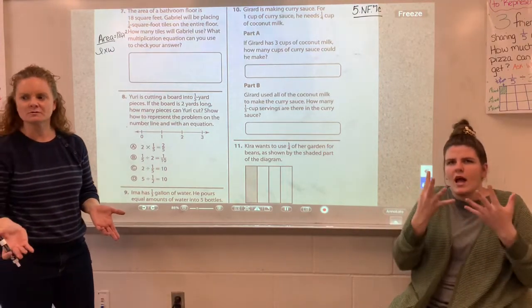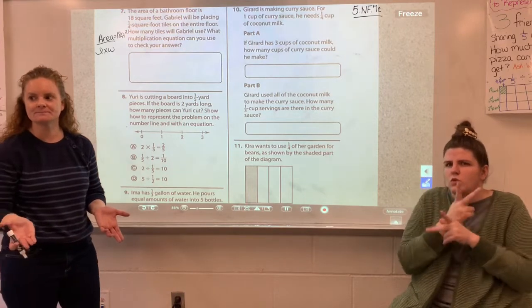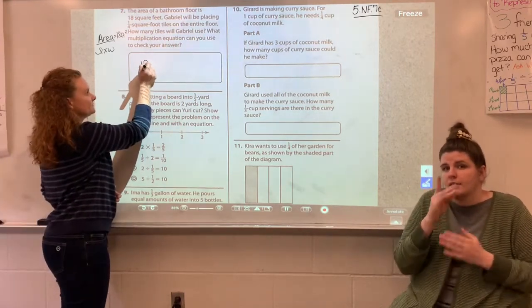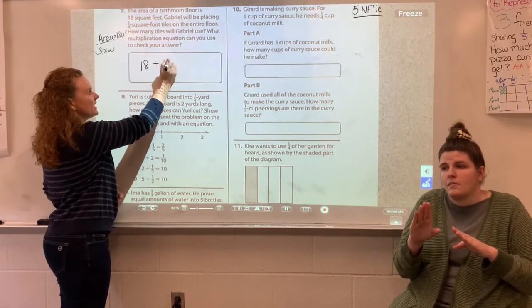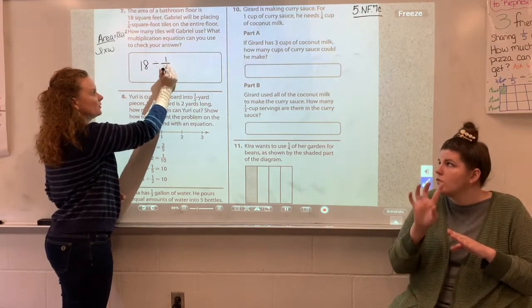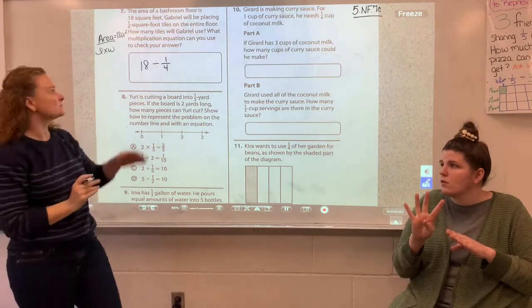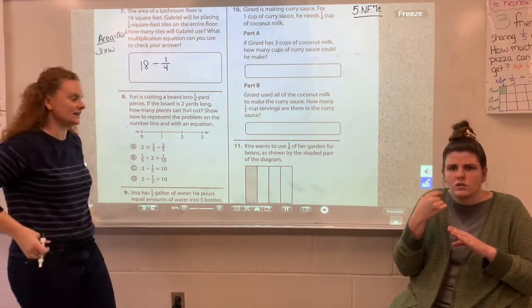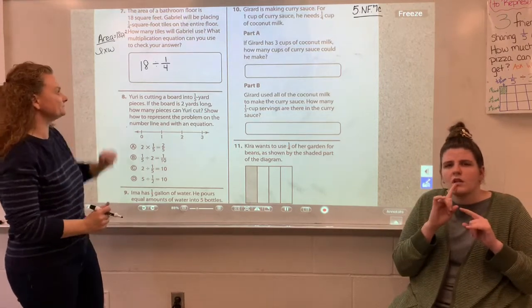Multiply? We're going to do multiply or divide? Divide. Okay, so I take my 18 and I divide it by 1/4. Because here we would have multiplied, but there we have our answer, so we have to go backwards to find out what these would have been.